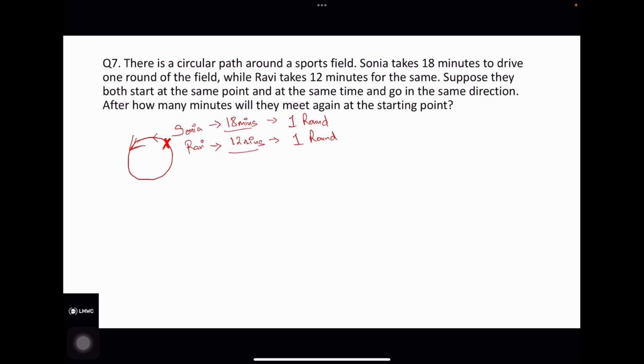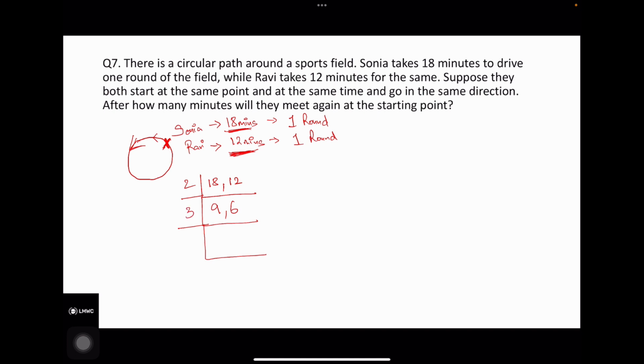For this, we have to understand that you have to find the LCM of these minutes, right? So we will find the lowest common multiple. So 18 and 12, the common factor is 2. So 2 times 9 is 18, 2 times 6 is 12.